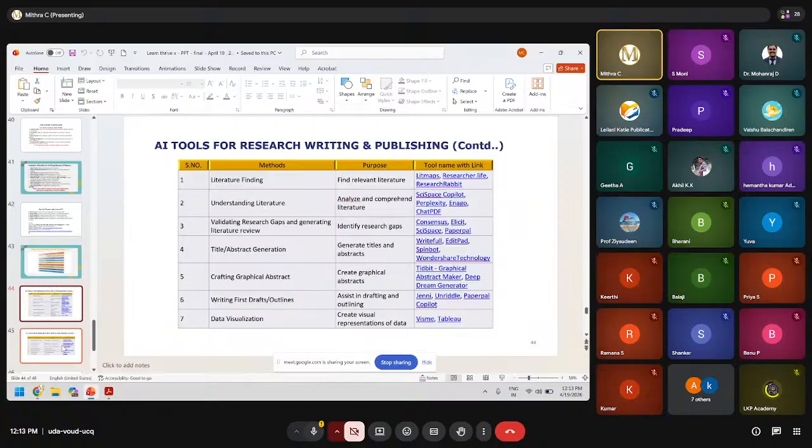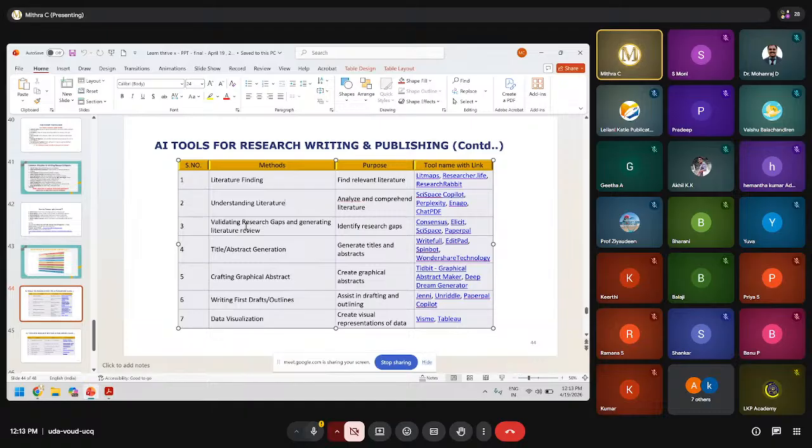So now I'm moving on to the AI tools. There are many AI tools that I have scrutinized based on my experience, and I have curated the documents for you. First, for finding literature, you can use Research Rabbit, Litmaps, SciSpace, and so on. For understanding the literature, you can go for SciSpace, Copilot, Perplexity, Enago, Chat PDF, and others.